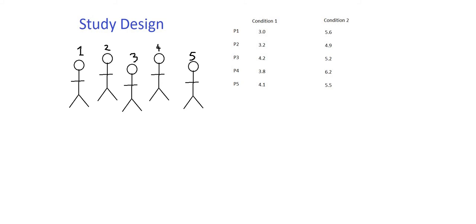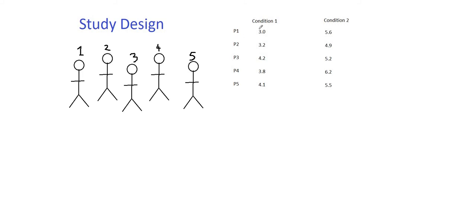Let's say this is the ankle flexion angle at initial contact for each of these participants, between condition 1, let's say barefoot running, and condition 2, shod running. But this could equally be barbell deadlift, hex bar deadlift, front squat, back squat, whatever it may be.